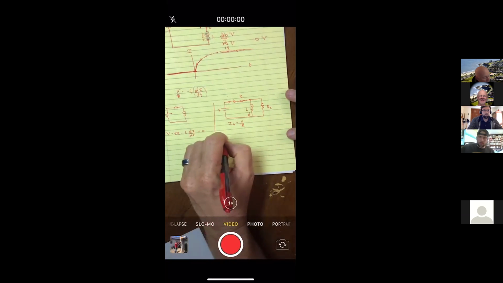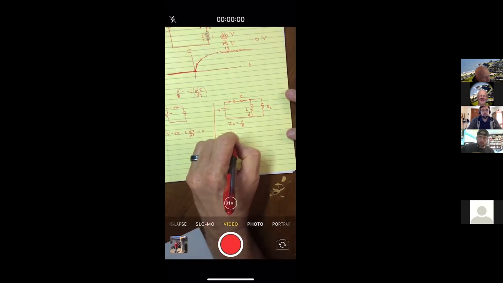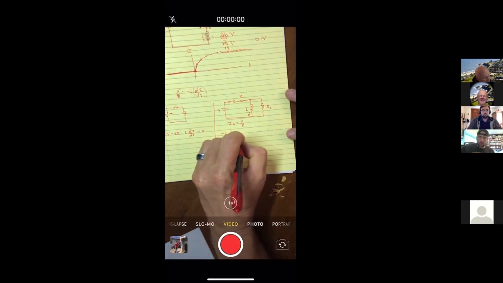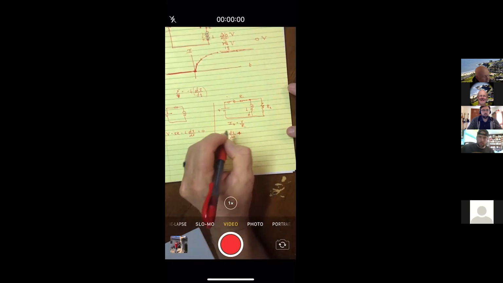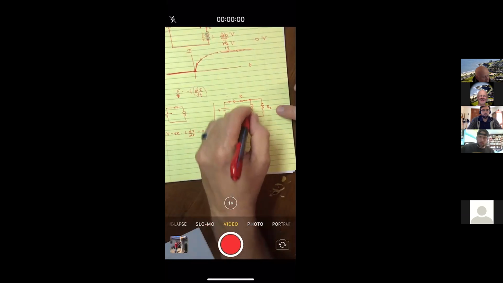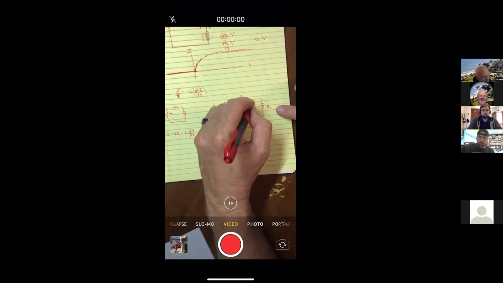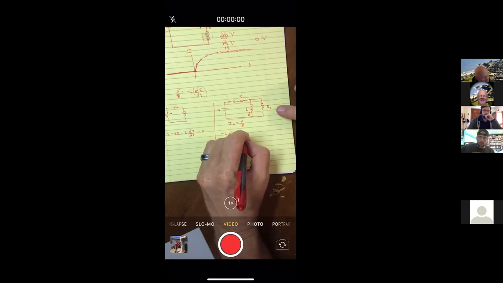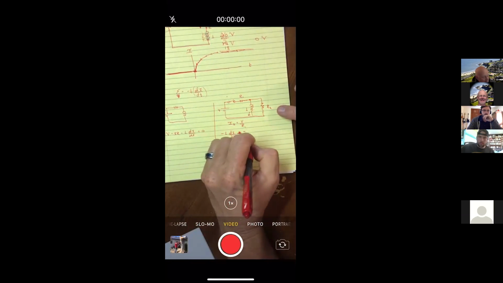And we wrote that as minus L di dt, and then plus, let's see, well, if it started to go around this way, I guess it's minus IR2 equals 0.